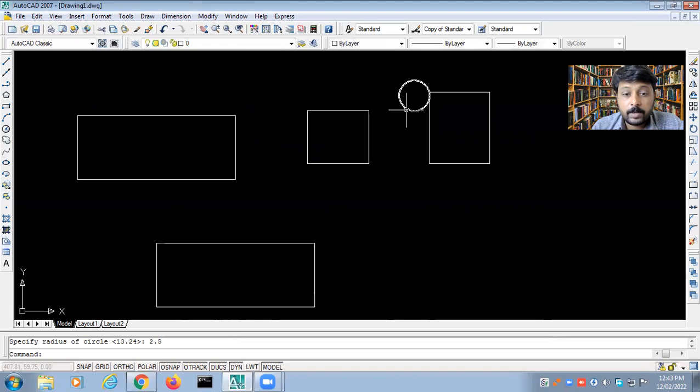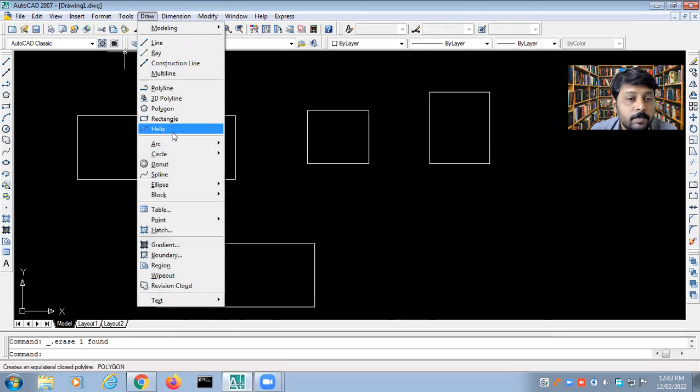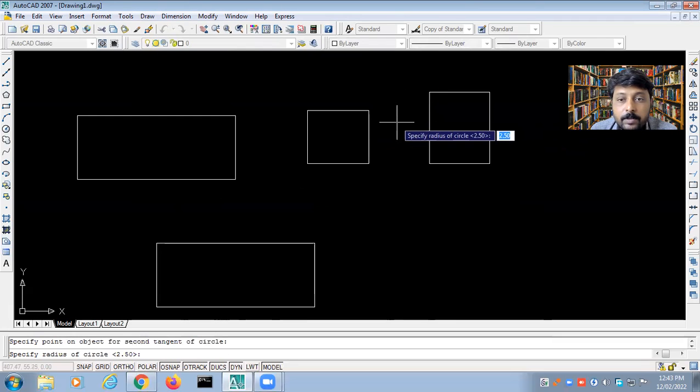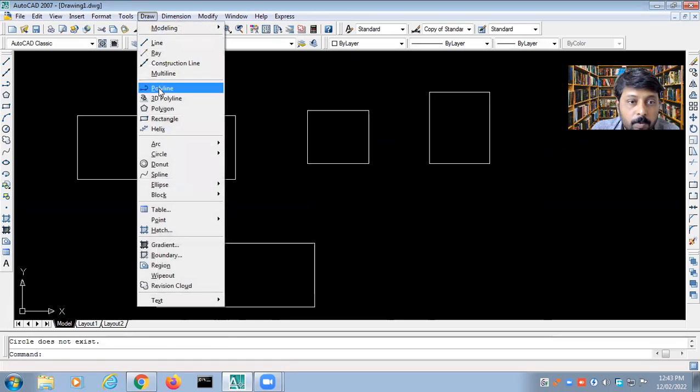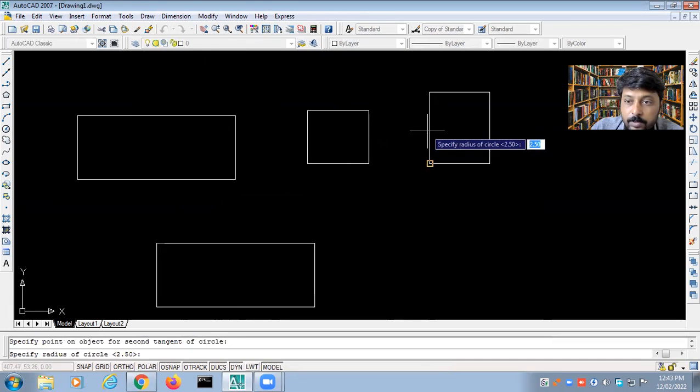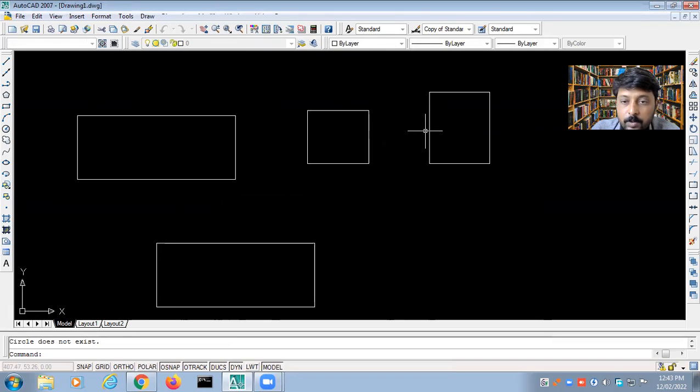Okay, so we were putting in a radius which is very less, so that was the problem. Tangent, radius 5. Tangent, radius 3. No.